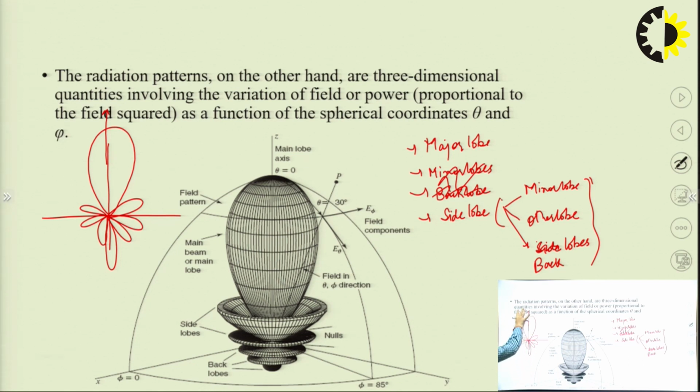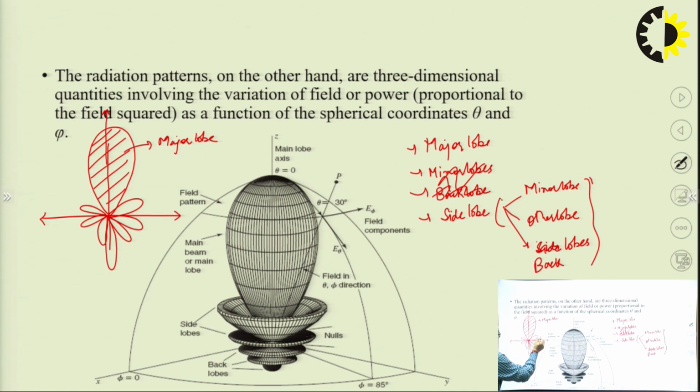Most of the energy is concentrated in this direction, the upward direction, when theta is equal to 0 degree. So this one is known as the major lobe. Generally we always take the major lobe at theta equal to 0 degree.